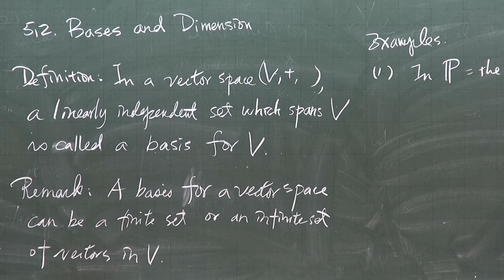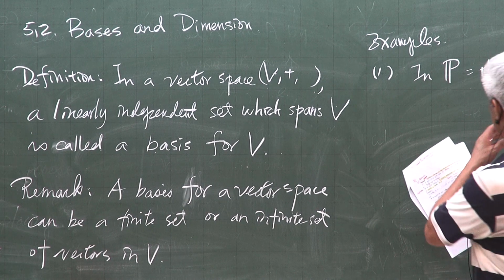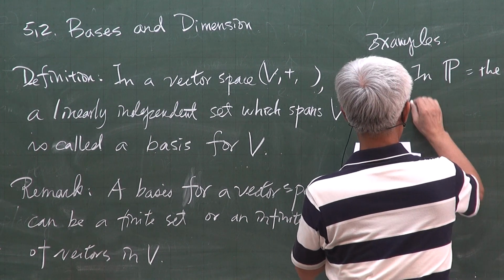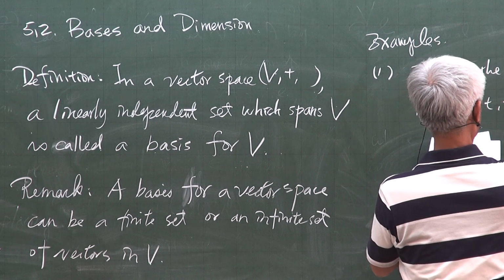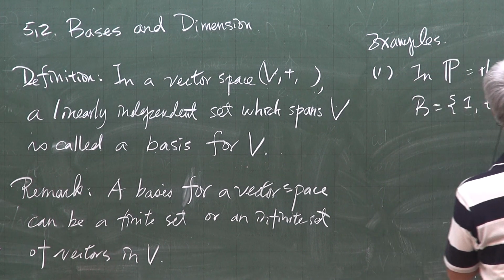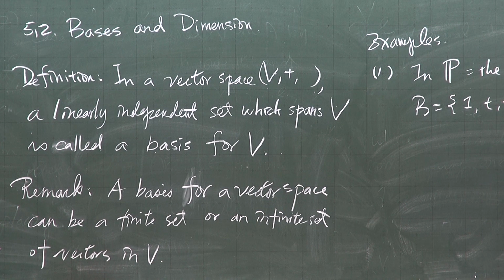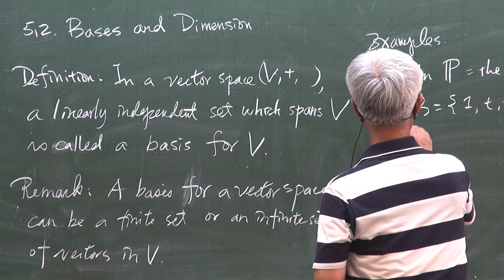Then the set B = {1, p, p², ..., pⁿ, ...} is a basis for P. You can see this basis is an infinite set, consisting of all monomials. So we have to provide a proof for that.